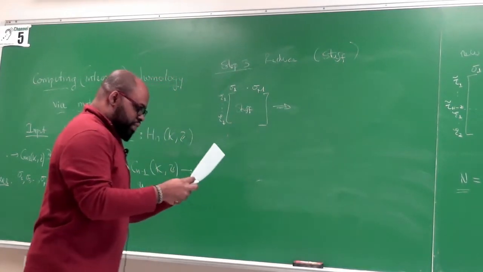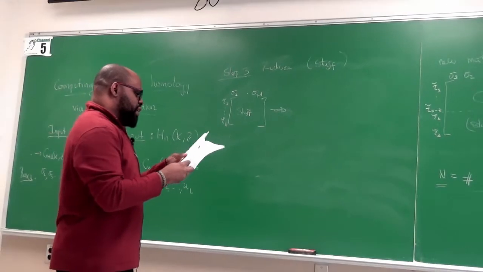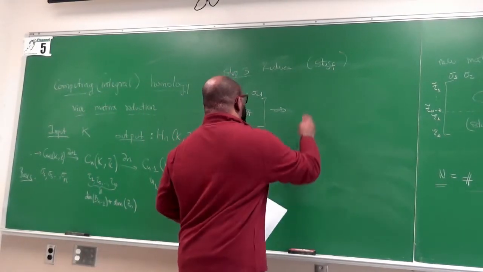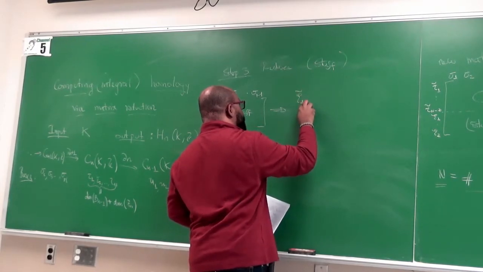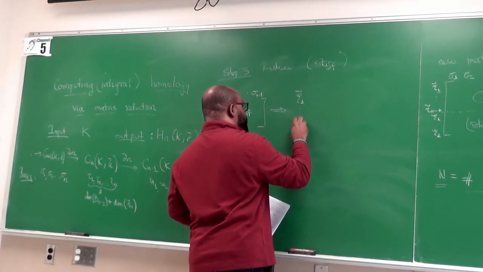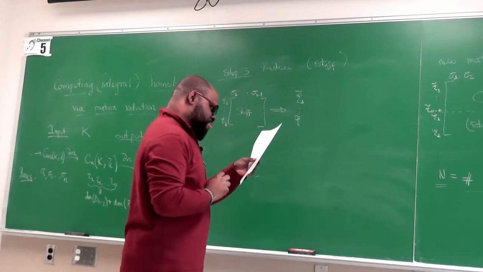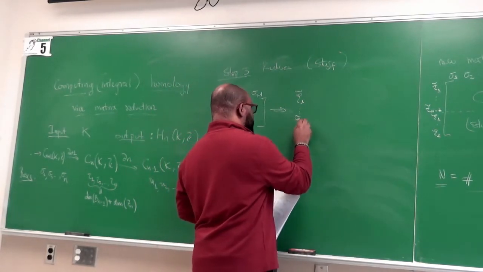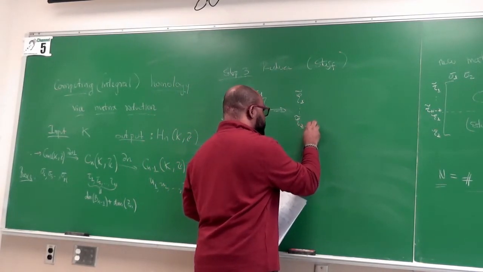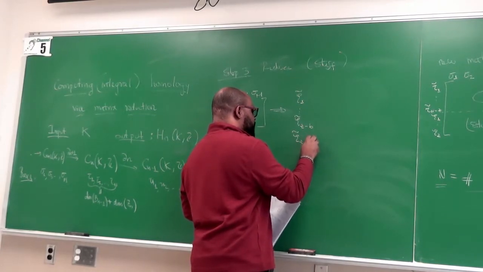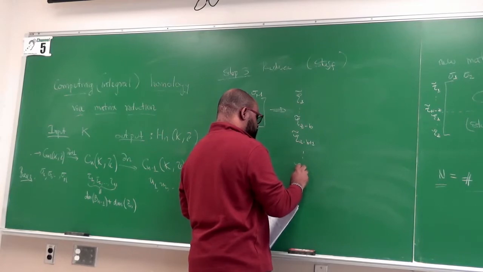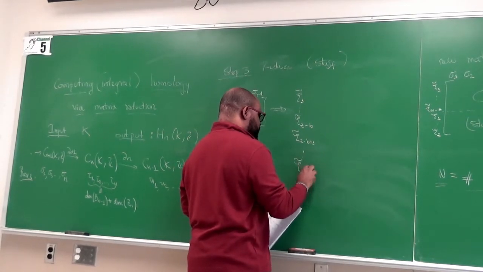Once we reduce it, perhaps I'm going to get some other sigmas: sigma tilde 1 all the way up to sigma tilde z minus b, then z minus b plus 1 all the way up to tilde z.